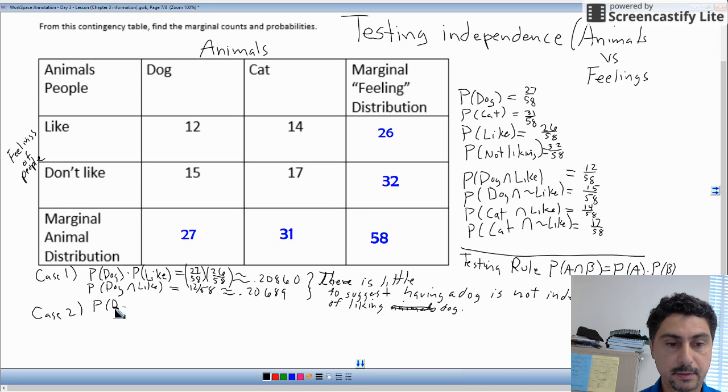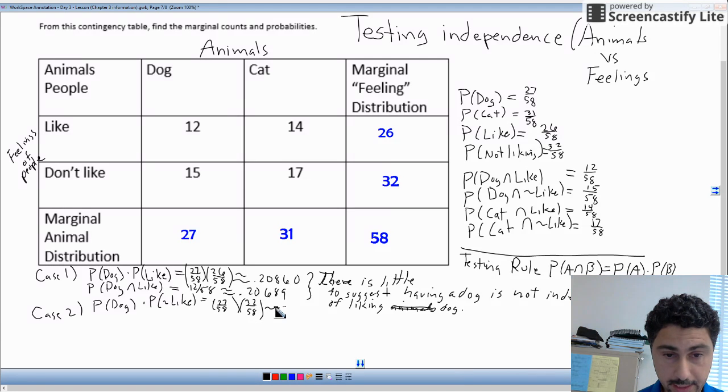The second case would be the probability of a dog times the probability of not liking an animal. And we'd go through all the math again. And not liking an animal is 32 out of 58.